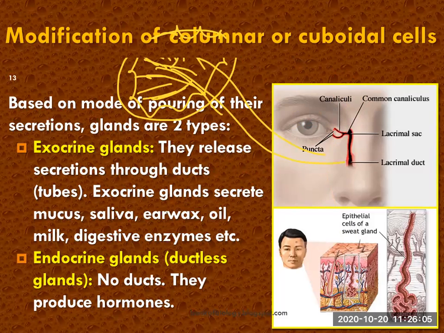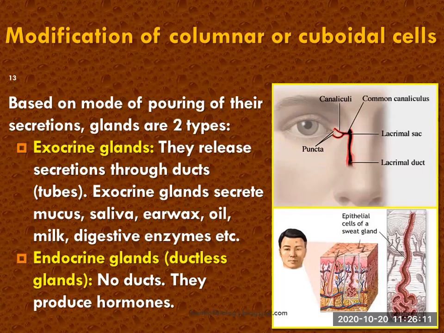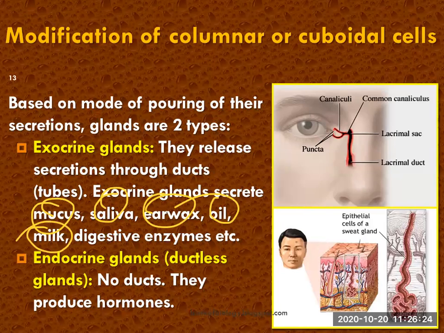All that we say exocrine glands. They release the secretion through the ducts, through the tubes. Exocrine glands secrete maybe mucus or saliva or earwax, oil from sebaceous glands, milk, digestive enzymes. So in different places, the different kinds of secretions are all from exocrine.